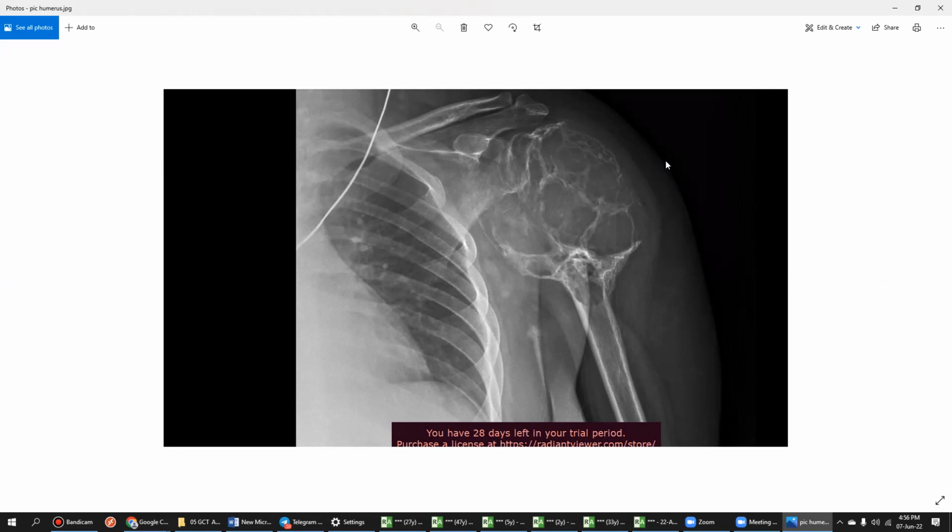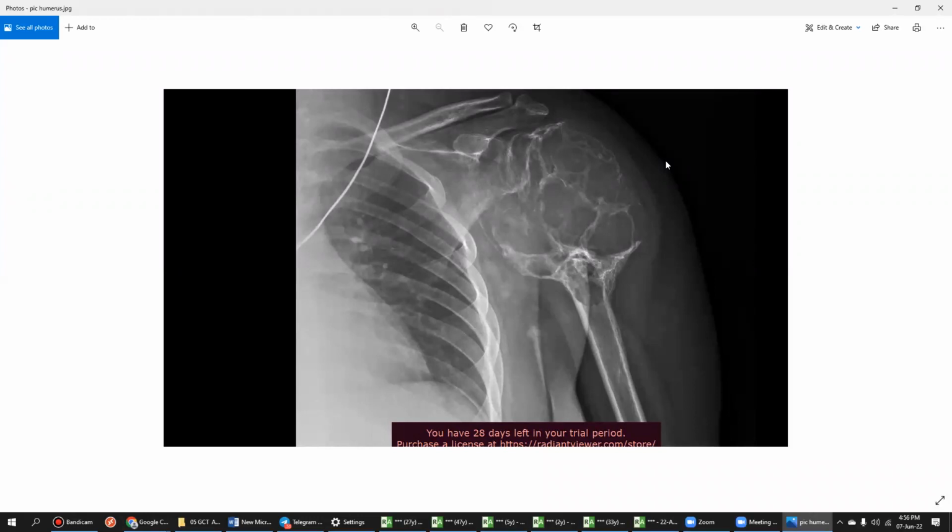And the rest of the visualized bones are normal. So my differential for this appearance, since it is expansile, is aneurysmal bone cyst, and then fibrous dysplasia can be a possibility, but it is more metaphyseal.